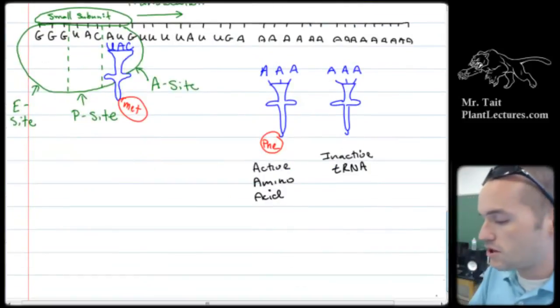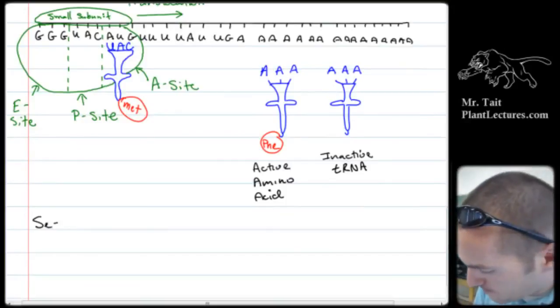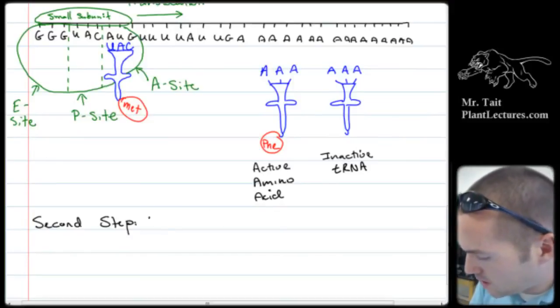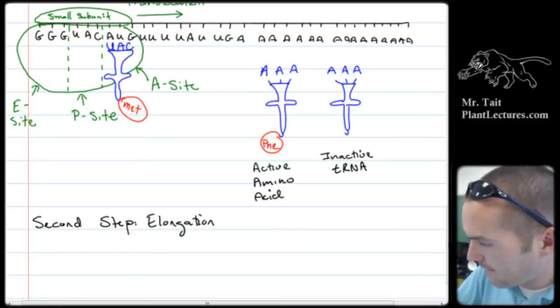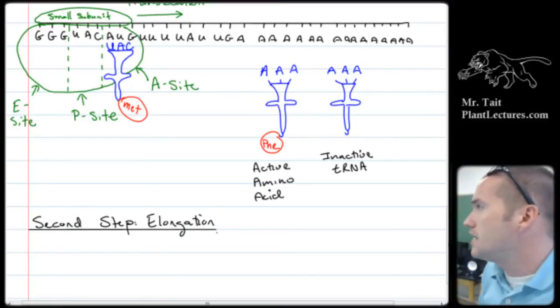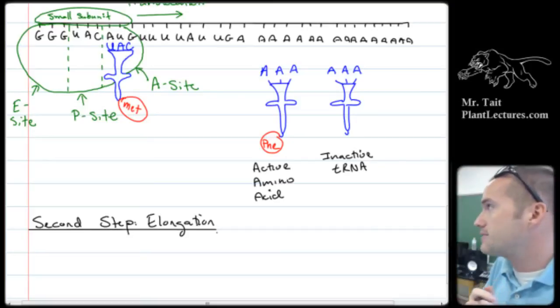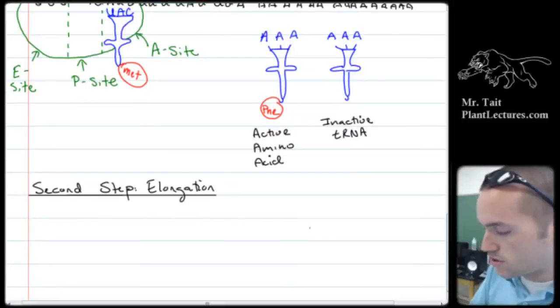Okay, so let's talk about this second step here. The second step is called elongation. The first part of elongation is when an active amino acid enters through the A site of the large ribosomal subunit.